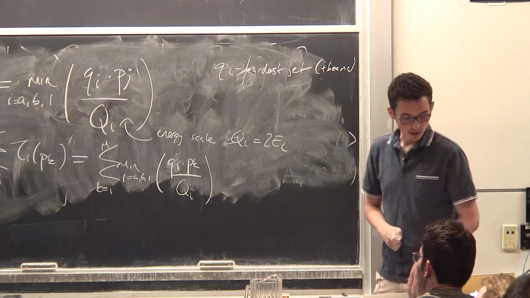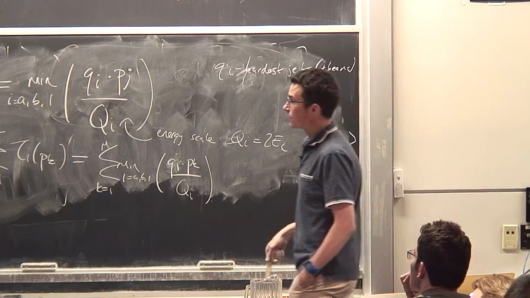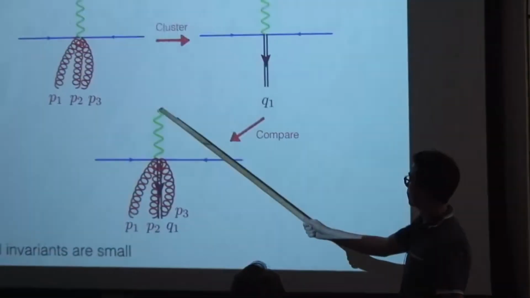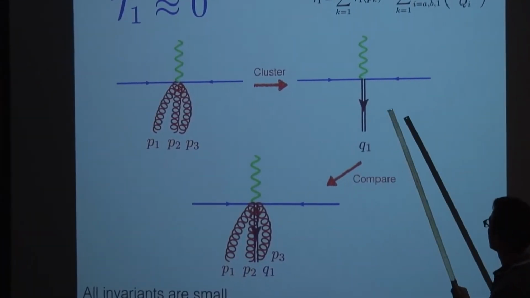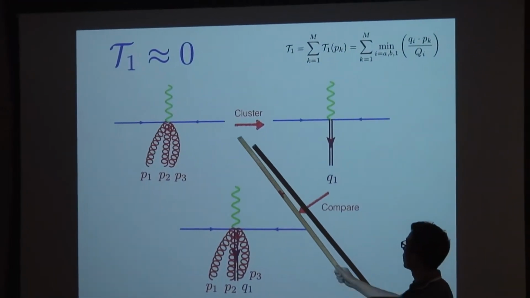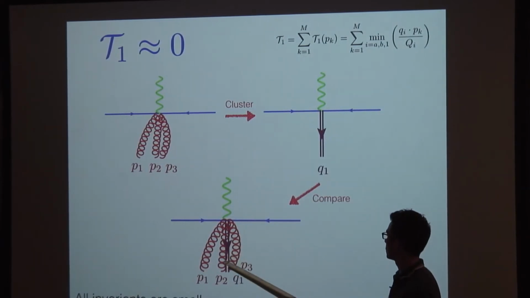All right, so let's look at what can happen when tau 1 is close to 0, right? So we take some partonic configuration, P1, P2, P3 as drawn. We cluster it as argued into a topology. Now, if tau 1 is close to 0, then basically all of our dot products are going to have to be small.